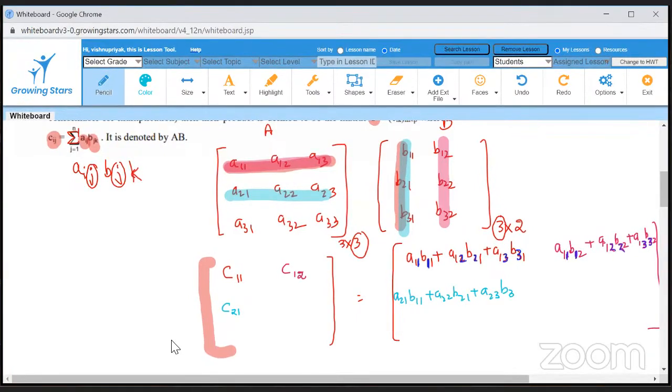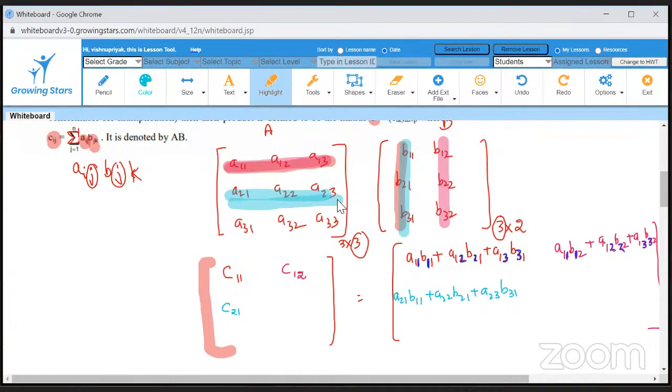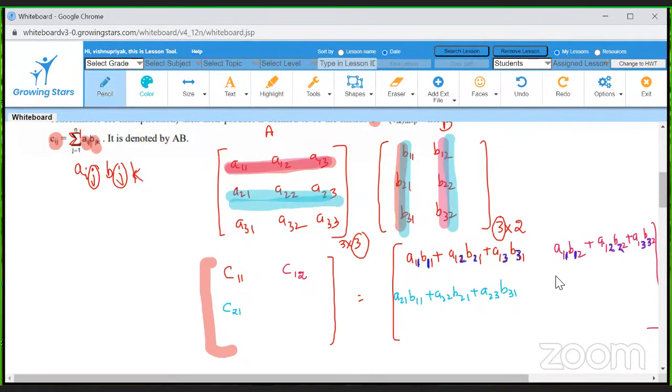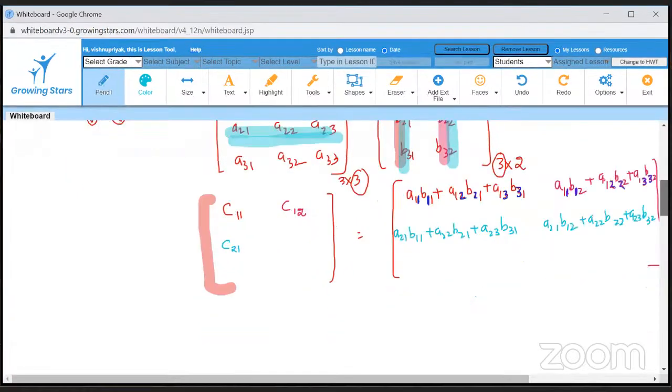Multiply and add. Next, you will multiply second row, second column and add. That is A21, B12, A22, B22, A23, B32, like this.